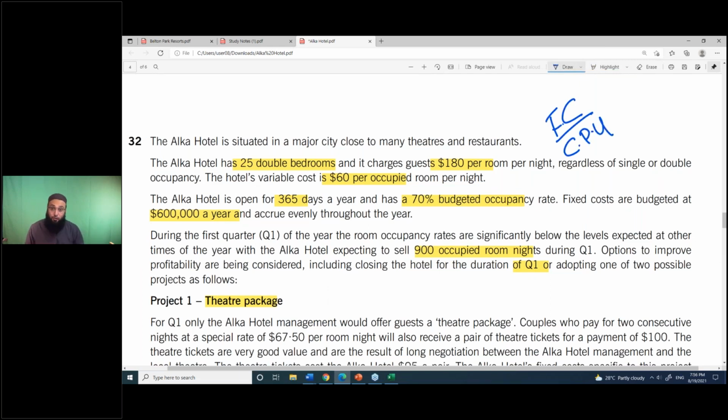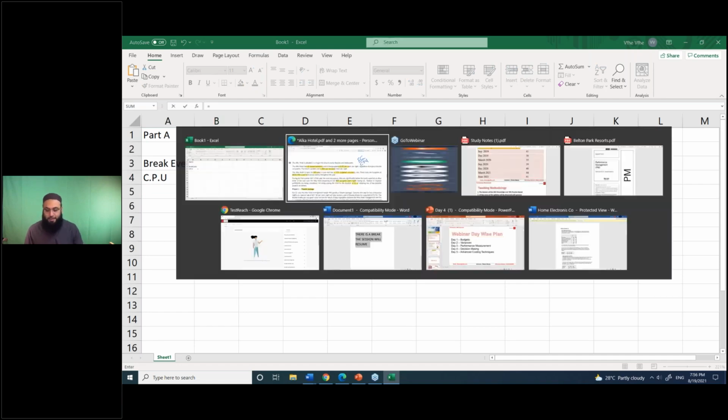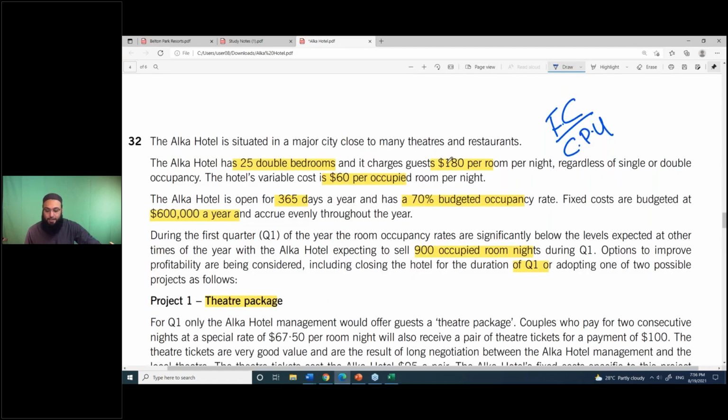I have to show the calculations as well. So first I'll work out the contribution per unit. For contribution per unit, I simply use the selling price and deduct the variable cost from that. The selling price is given as 80 here, and the variable cost is 60.